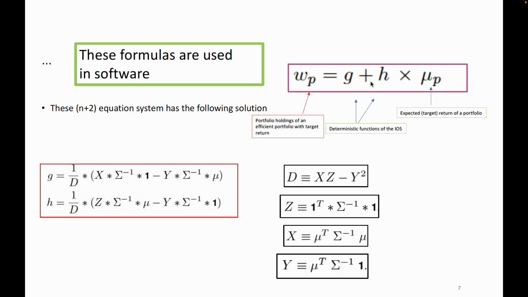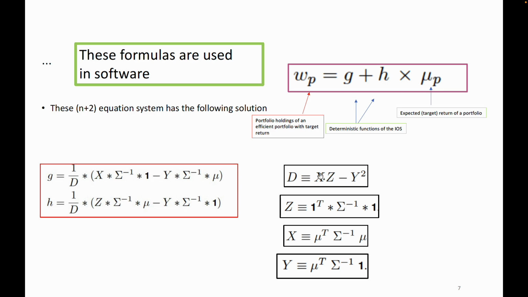Where G and H are functions of the investment opportunity set. So if we look at that, I've highlighted here in red what the G and the H look like if you were to solve these optimality conditions. And you see both of them are divided by D. So what is D? D is here an extra expression, which is defined to be xz minus y square.